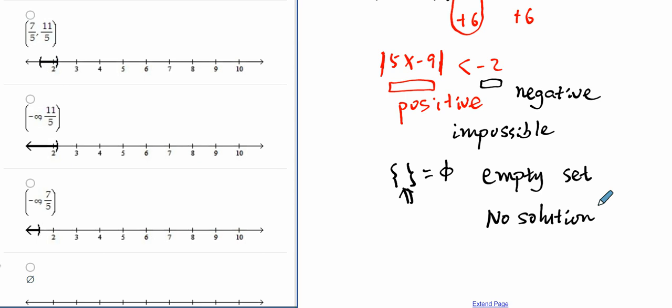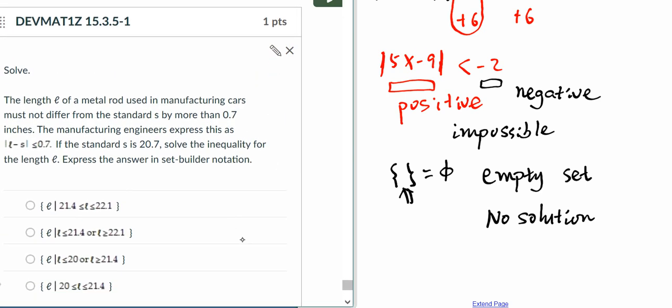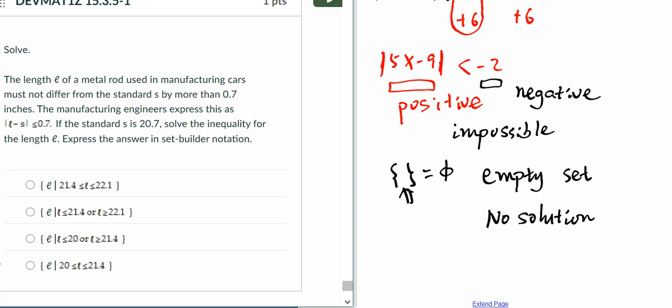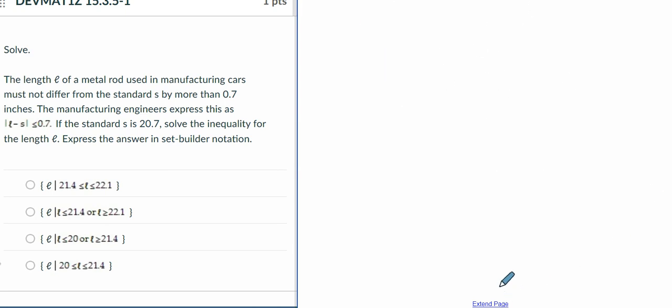Okay? Now, the last one. The last one is used in statistics a lot, as question 21. 21 is a story problem.